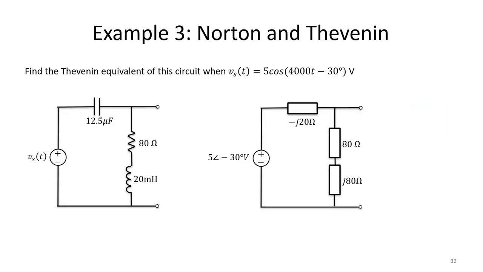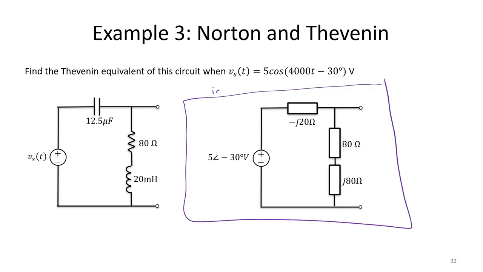Let's go ahead and do an example of how to find the Thevenin equivalent. Here we are given this circuit already transformed into the frequency domain. Remember, if you were given something in the time domain, you would just need to convert.